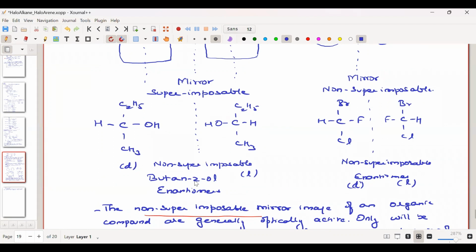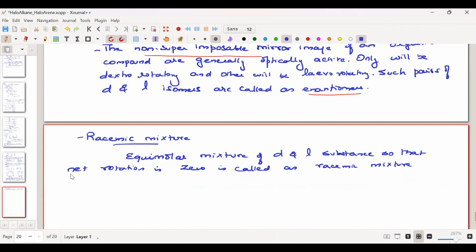But I have a butan-2-ol where they are in equal components, 50% dextrorotatory, 50% levorotatory. If I pass it through plane polarized light, what happens? 50% will try to go clockwise, the other 50% will go anti-clockwise. So there will be no rotation. Net rotation is 0. Such an equal mixture of D and L substances is known as a racemic mixture.